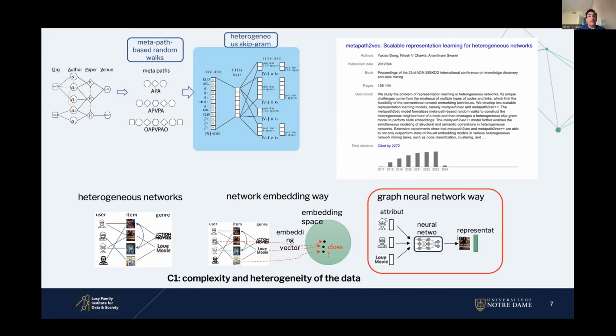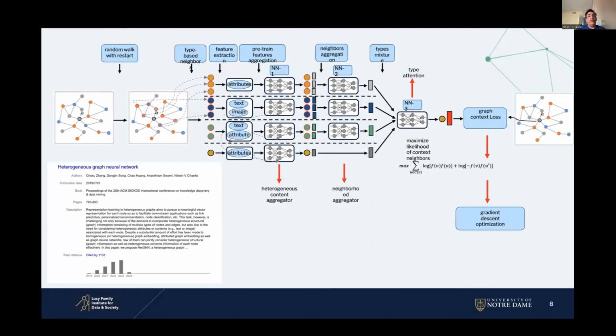Graph neural networks had been popularized, but again, they were mostly working on homogeneous graphs. So we developed a heterogeneous graph neural network back in 2019 that essentially addressed the complexity of a graph such that it can capture a variety of data, not just structure. So we could get different content.